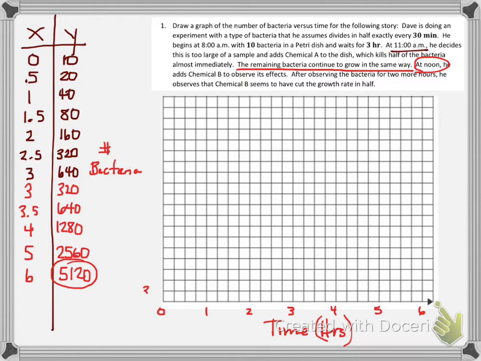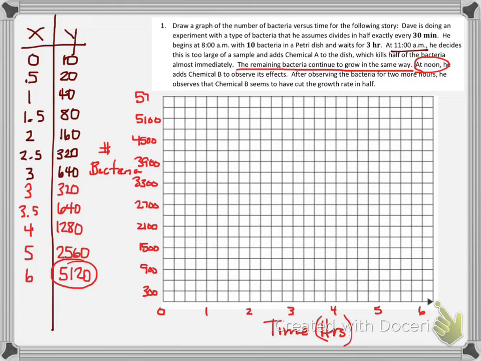So my first line is 300, 600, 900, 1,200, 1,500, 1,800, 2,100, 2,400, 2,700, 3,000, 3,300, 3,600, 3,900, 4,200, 4,500, 4,800, 5,100, 5,400, 5,700.